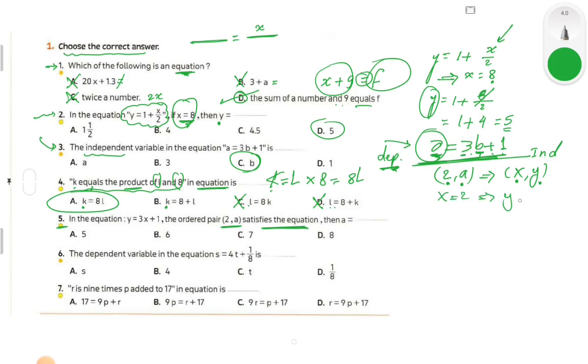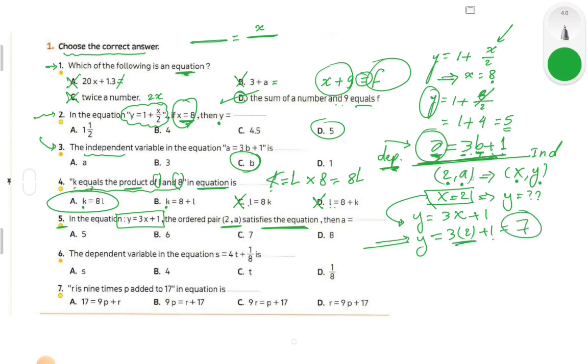Then y equals what? I have the equation here. Write it: y equals 3x plus 1. I know the x value equals 2. Now substitute x in this equation, and I will get the value of y. 3 by 2 plus 1. 3 by 2 equals 6, plus 1 equals 7. So the value of y here, or a, because a equals y here, is 7.